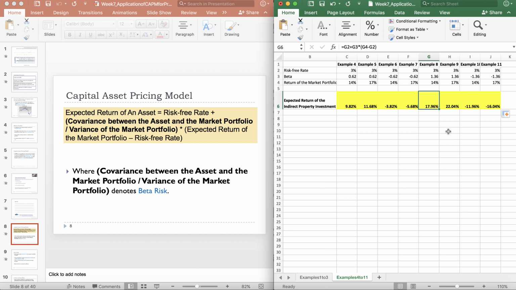So beta risk by itself indicates how sensitive this investment is to the systematic risk of the market.